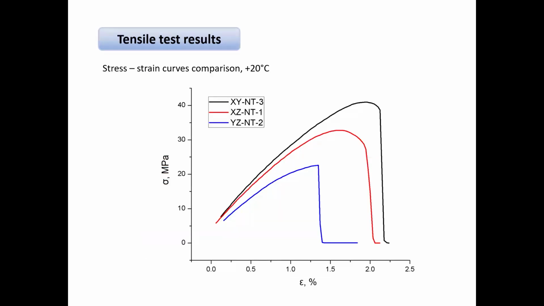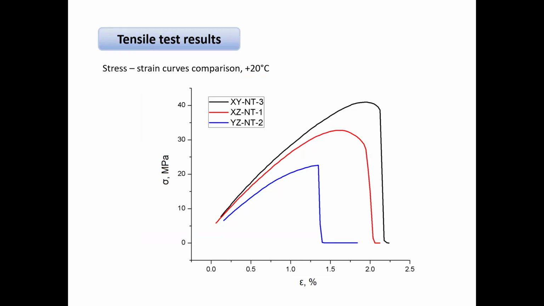This is the presentation of the stress-strain curve at room temperature, about 20 degrees, and the best results are in the X epsilon orientation, which we call the specimens with no treatment. Why?